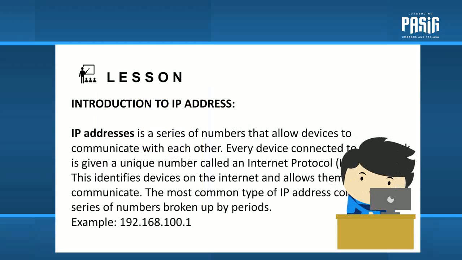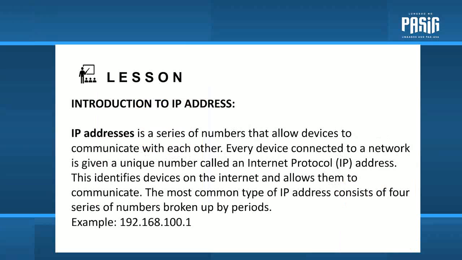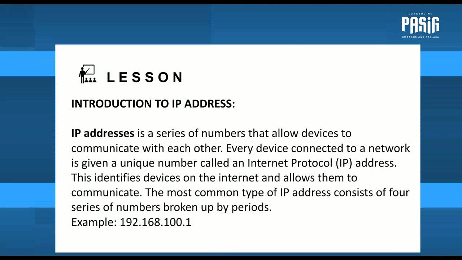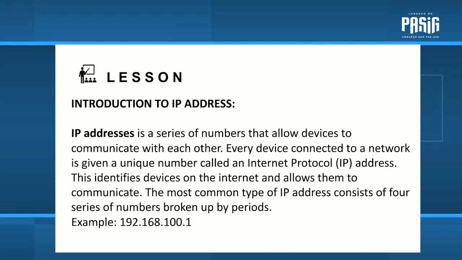Introduction to IP address. An IP address is a series of numbers that allow devices to communicate with each other. Every device connected to a network is given a unique number called an Internet Protocol, or IP, address.